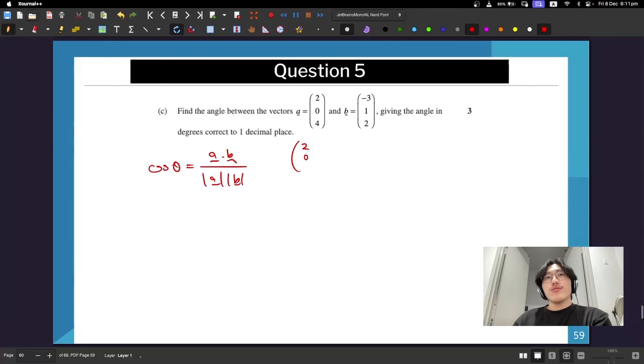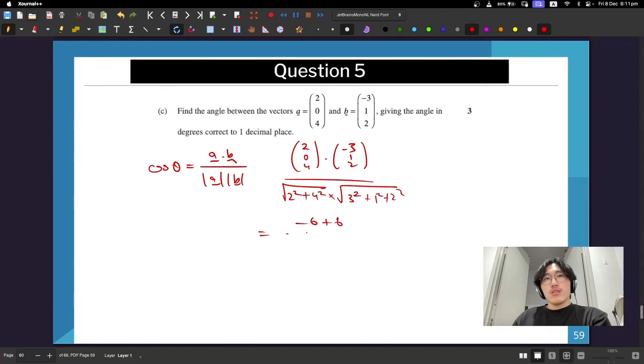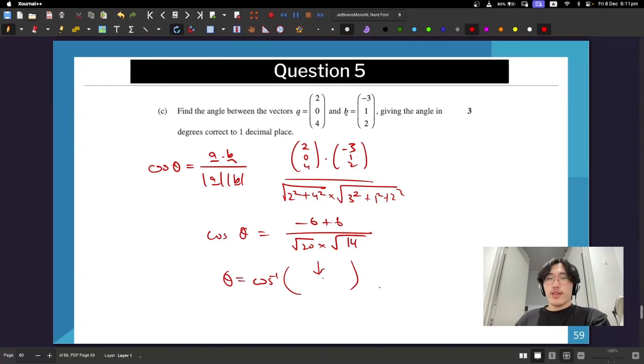So that's going to be (2, 0, 4) dot (negative 3, 1, 2) all over root of 2 squared plus 4 squared, times root of 3 squared plus 1 squared plus 2 squared. Should be negative 6 plus 8 on root of 4 plus 16, which is 20, times root of 9 plus 1 plus 4, which is 14. And then if you just do the inverse cos of that in your calculator, you should be able to find the answer.